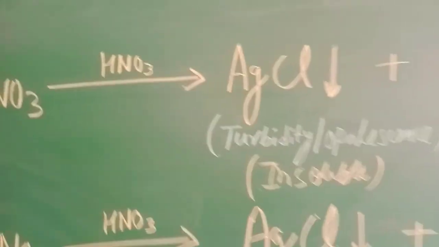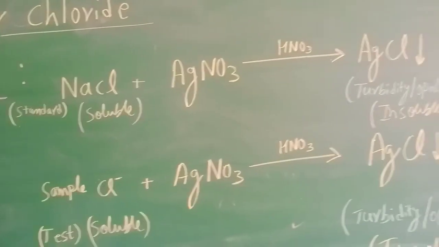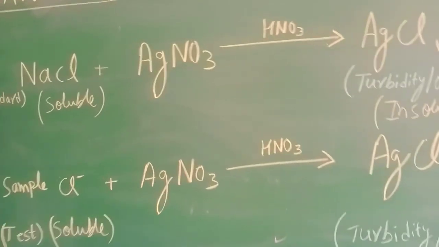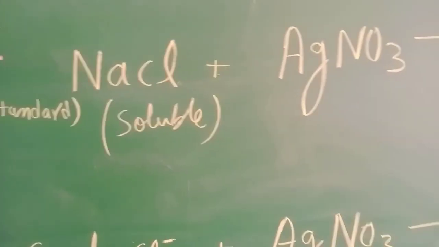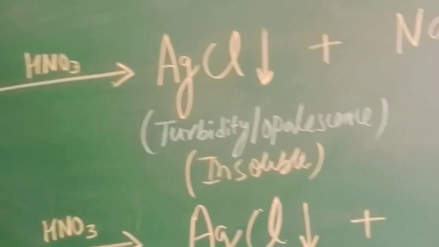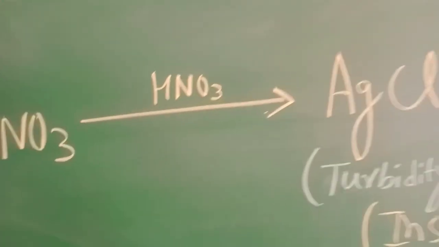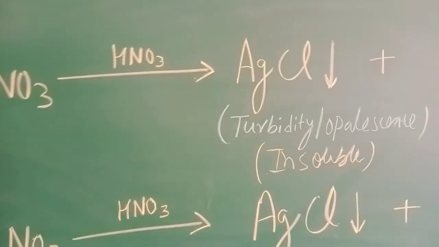And the reason why or how this turbidity or opalescence is produced is because of this basic reaction which ultimately converts the soluble chloride into its insoluble form with the help of silver nitrate and HNO3, that is nitric acid.